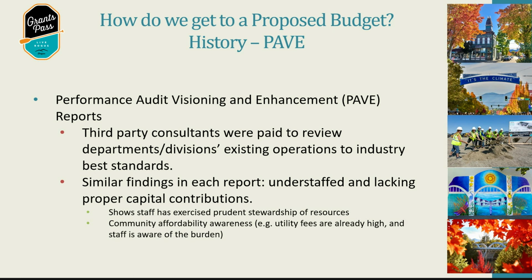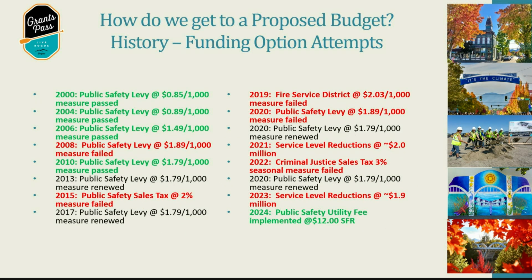It came through stating that we have staff that has exercised prudent stewardship of our resources, that the community affordability awareness is there, and that we are ultimately operating very efficiently and effectively, and the majority of the departments and programs are running understaffed in order to provide the quality services that we're doing. So we're running very efficiently and effectively through those reports.